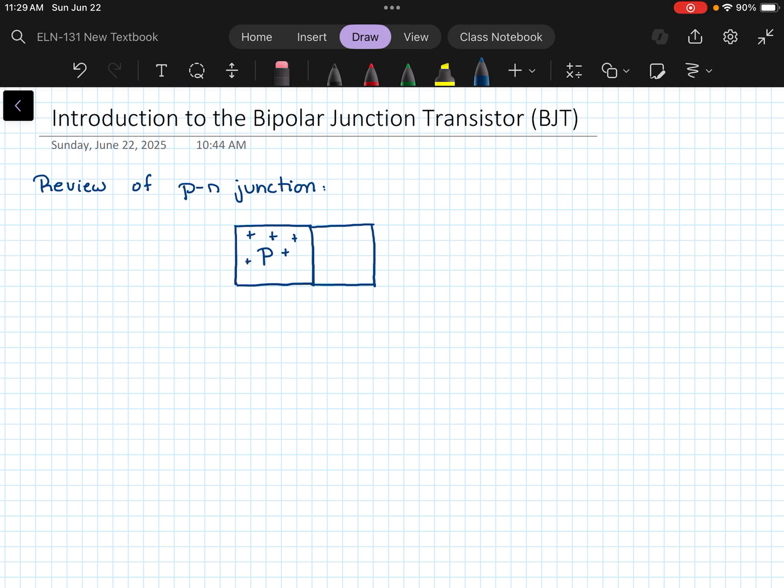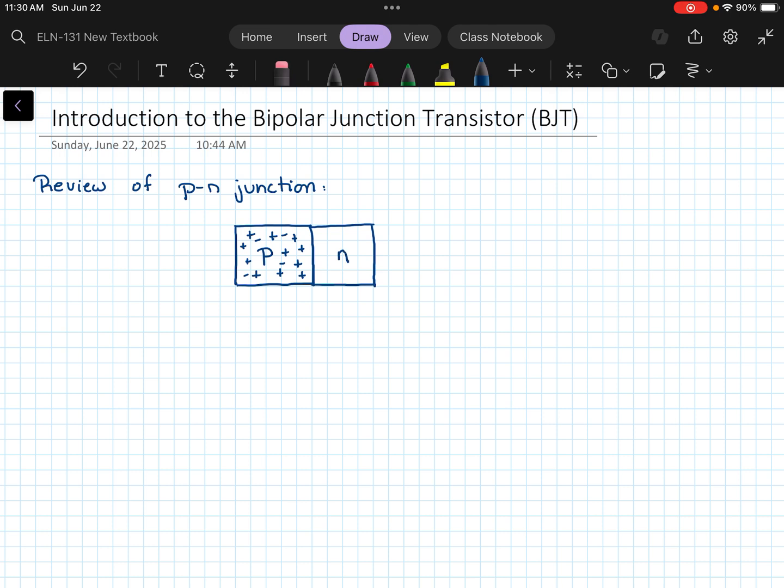It's going to have a lot more holes than electrons, is what I'm trying to say. So there are electrons, but those are the minority carriers, whereas the holes or the positive charges are the majority carriers. And then an N-type material is the opposite.